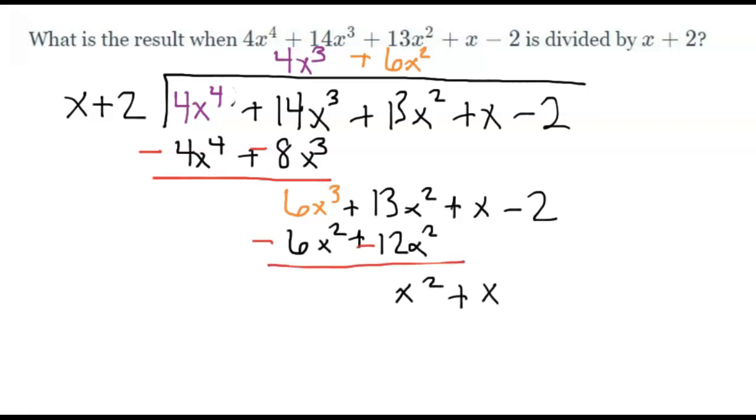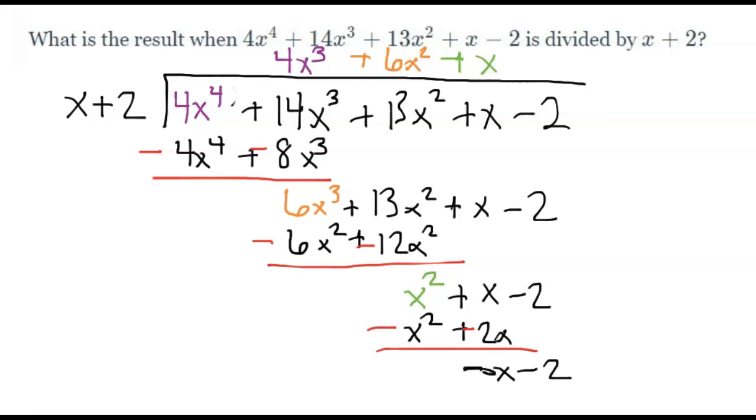And so once we subtract, we get x squared, and we're going to just focus on the x squared part then. And x squared divided by x is x. And then go ahead and multiply that x by x plus 2. And then subtract again. And notice here that we'll get negative x minus 2.